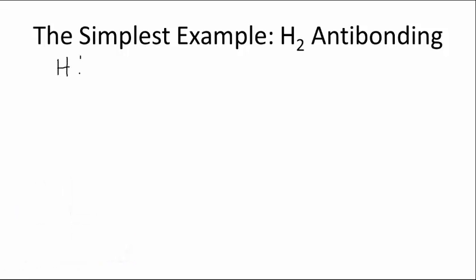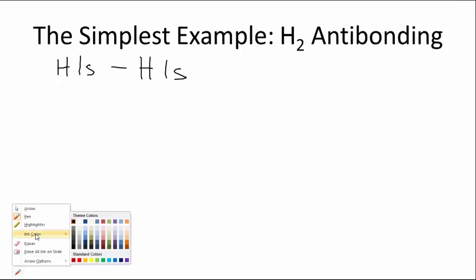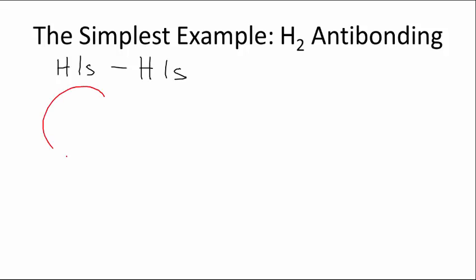All right? The thing that's going to be different is, in this case, I'm going to take a hydrogen 1s and I'm going to essentially subtract the other hydrogen 1s. I'm going to combine them out of phase. So I might have my red one like this and my blue one like this, but one of them is shaded and the other one's not.